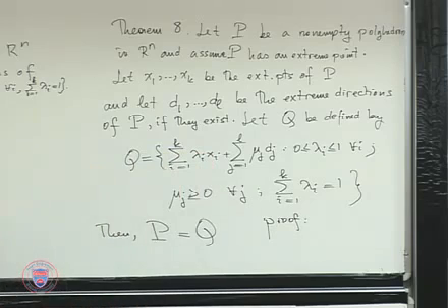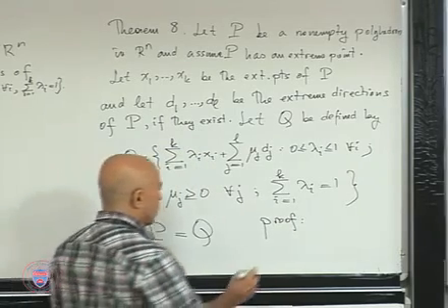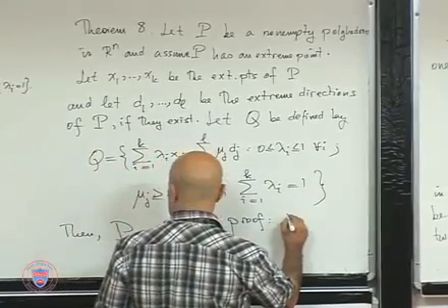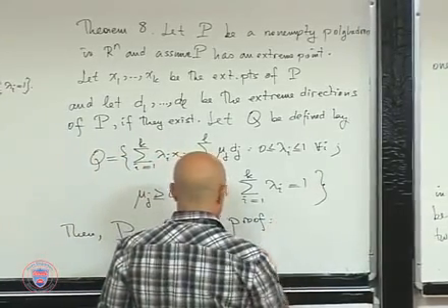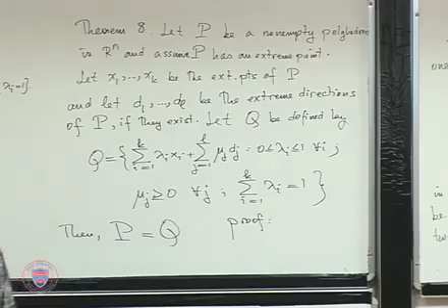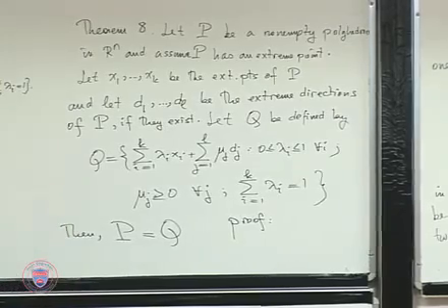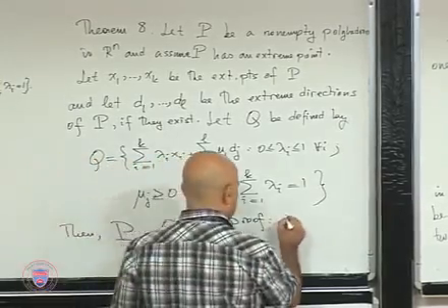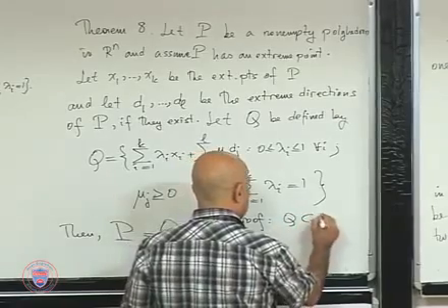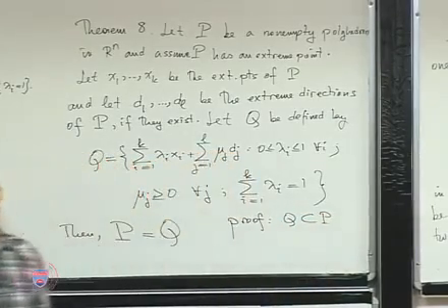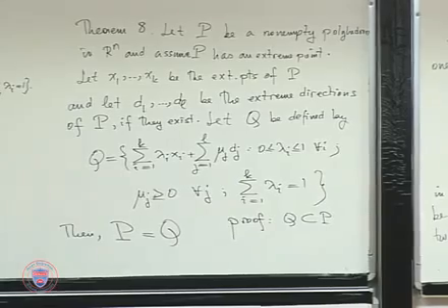All right, so this is the claim. The proof, I'm going to omit the proof, but the part that says that, which part is trivial in your judgment? Q subset of P. Yes. Q subset of P is trivial. Why is that trivial?